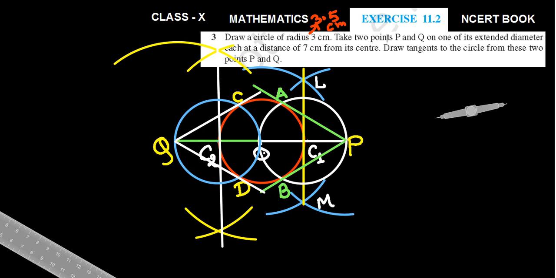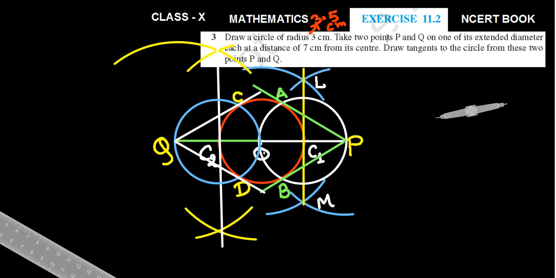Thus you have seen how we have completed the question. Now the next thing is justification. Justification is that QC, AP, BP, DQ are the tangents to the circle. For this, what we have to do?